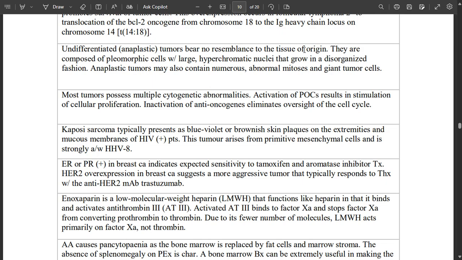They have hyperchromatic nuclei, less cytoplasm and an increased N/C ratio, and have mitotic figures inside the tumor.